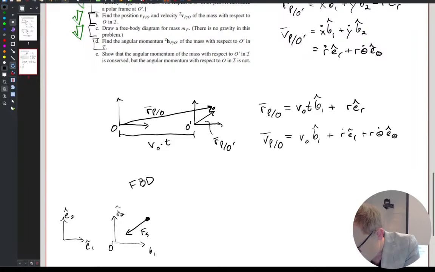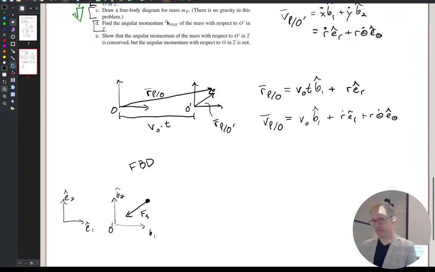Oh, we're done. What about the other? Does the free body diagram depend on a reference frame? No. Why not? It's just forces acting, and if the force is there in one reference frame, it's still going to be there in another reference frame.